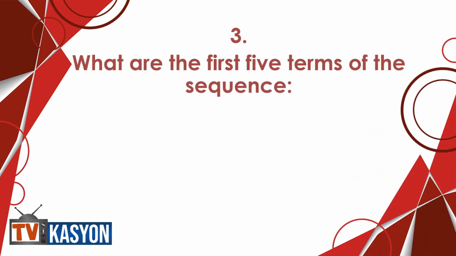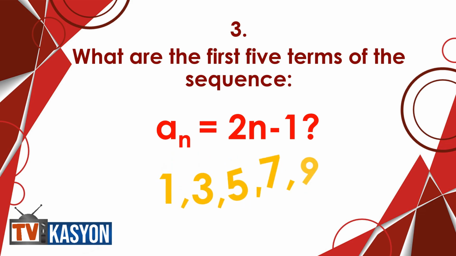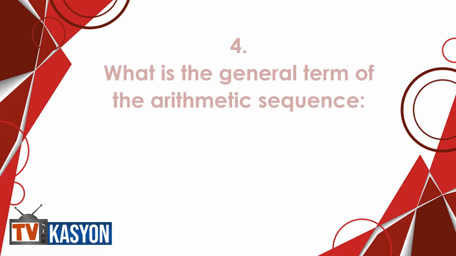Number 3. What are the first 5 terms of the sequence a_n = 2n - 1? The first 5 terms of the sequence would be 1, 3, 5, 7, 9. We can obtain these terms by substituting the values of n to the given general term. Number 4.